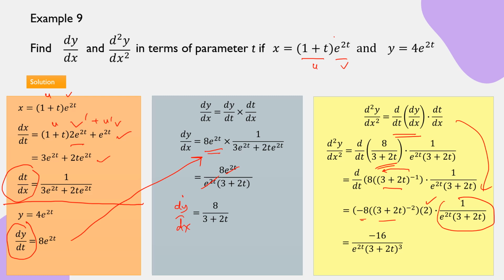After we simplify, we get negative 8 times 2, negative 16, over (3 + 2t) to the power of 3. This is the second derivative.